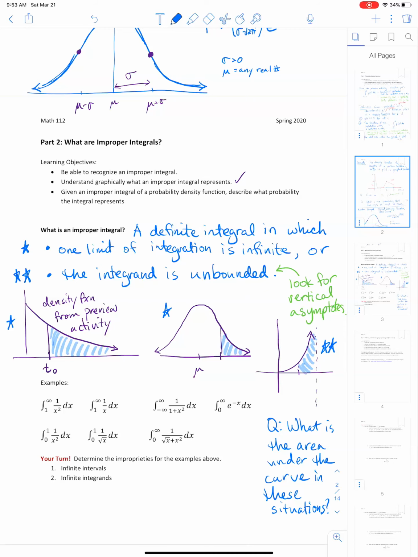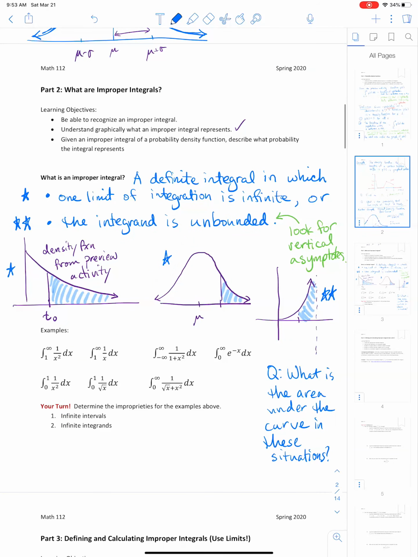So what I'd like you to do, before we proceed to the next video where we actually define and calculate these using limits, is go through these 7 examples here and decide which kind of impropriety is present in each, and it may be that there are more than one type of impropriety.